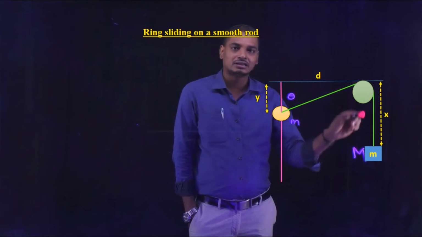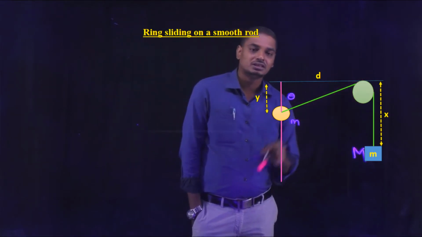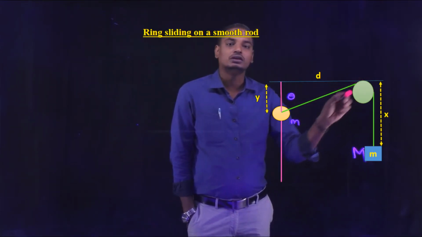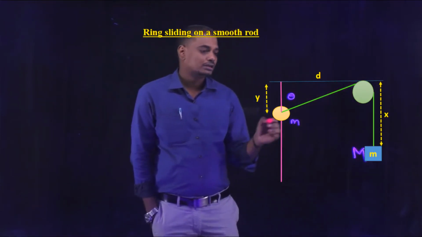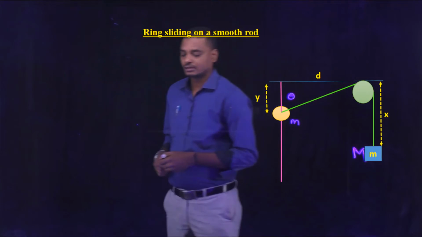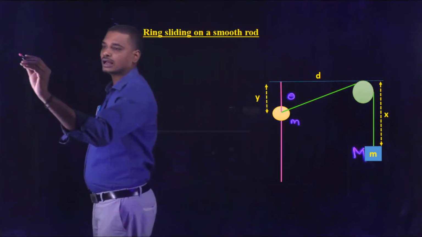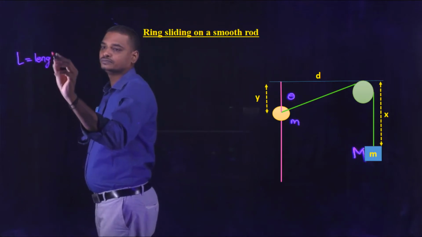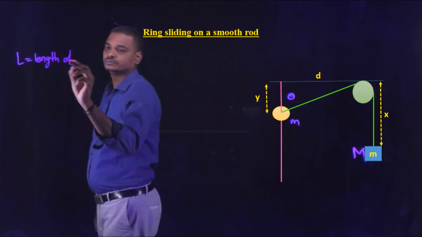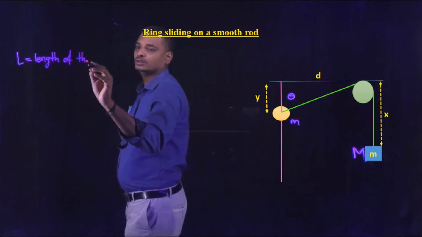This green wire represents the string over a pulley. This is the pulley. Let L be the length of the string.